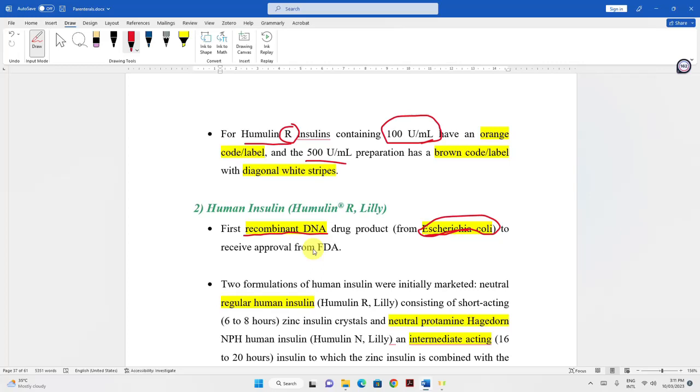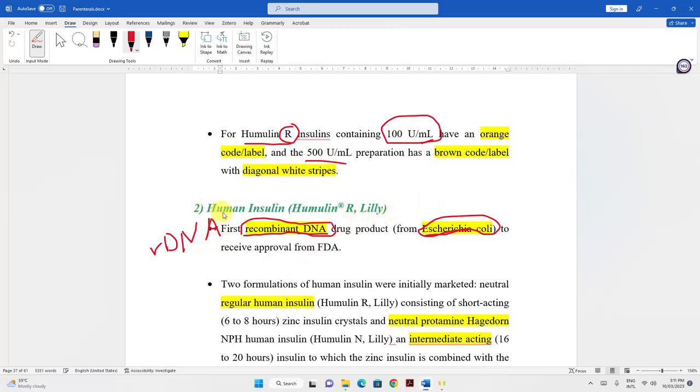Still, we have more research in insulin production through recombinant DNA. It's very important, and you will see this later, that whenever recombinant DNA is used, it has to be mentioned in the label that this is rDNA, meaning recombinant DNA technology is being used to produce this insulin.